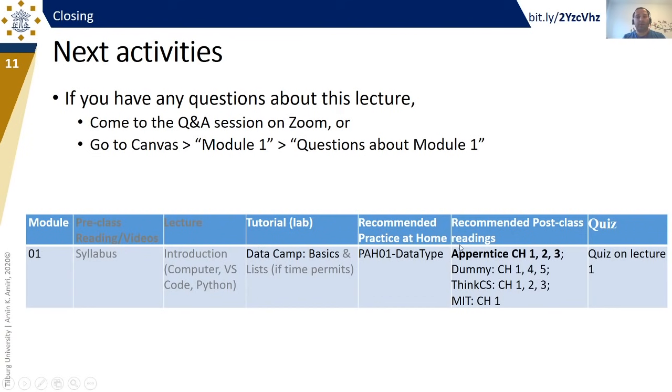After that, I recommend you read this textbook based on your understanding of this lecture. You can refer to the syllabus to figure out which one is better for you, but generally the Apprentice textbook is better. I'm going to put the link to this textbook in the comments. And after that, you need to take a quiz on lecture 1. The deadline for the quiz is 24 hours before the second lecture.